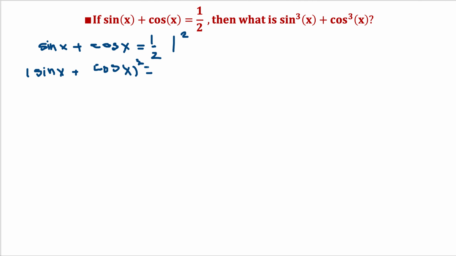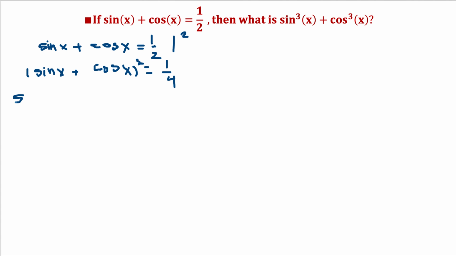And the right side, if we are squaring it, is going to be 1 over 4. However, because we have sine x plus cosine x squared, it is like an algebraic formula, a plus b squared, which is a square plus 2ab plus b square.